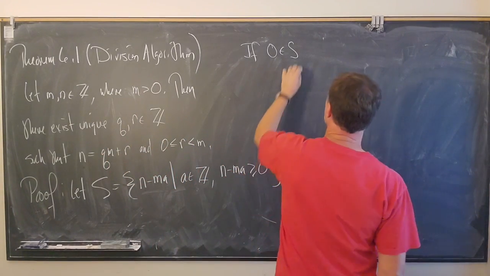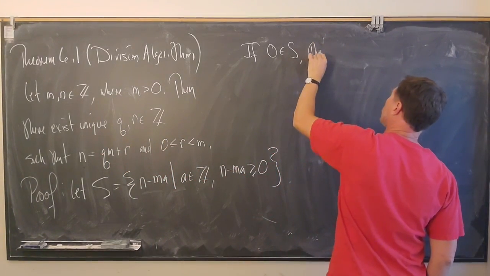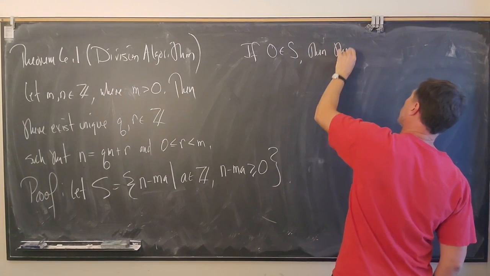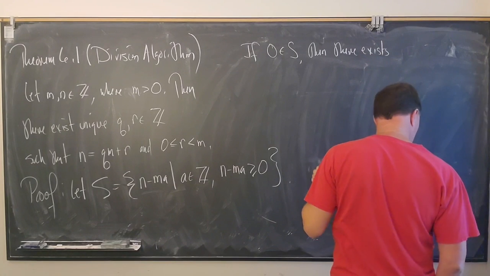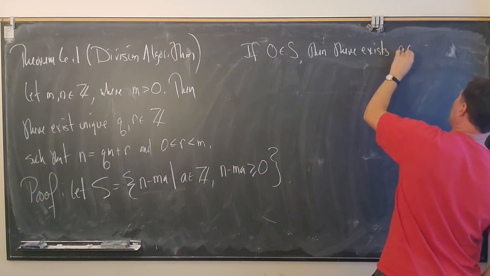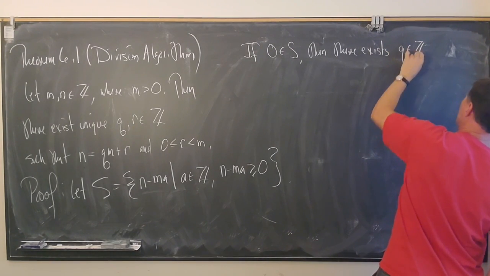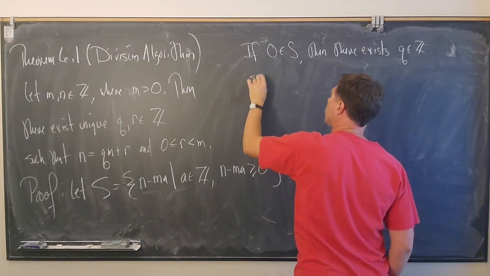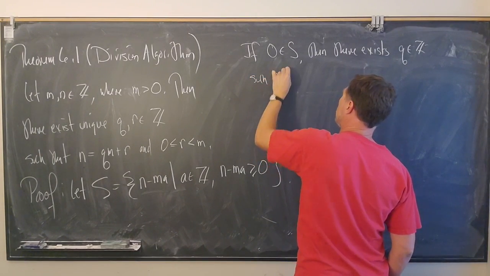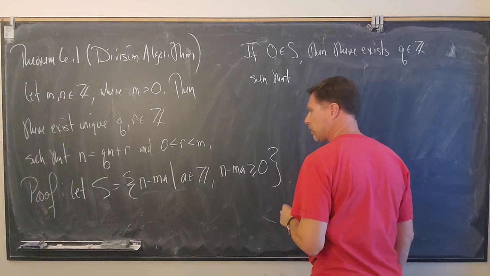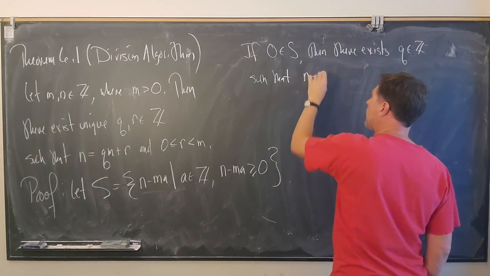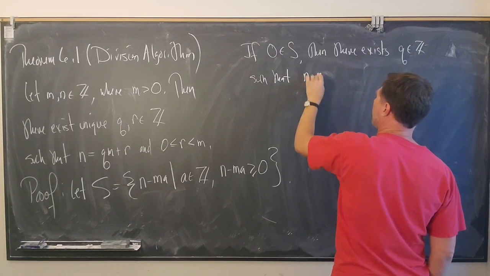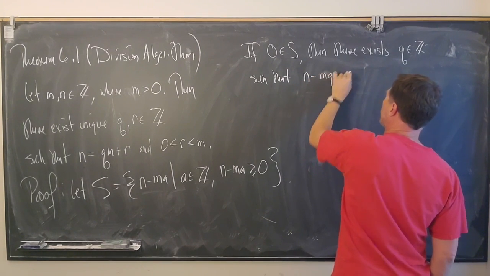So then there exists some q in Z such that, well, so what do we have? n minus qm equals 0.